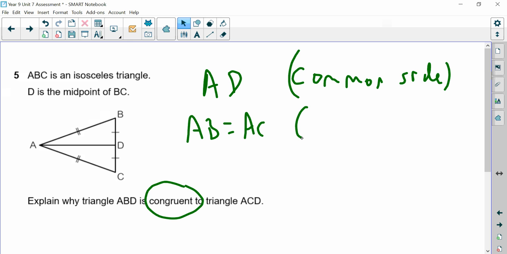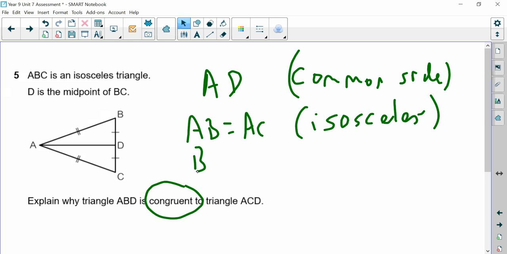I know they are the same because they are the two equal sides of an isosceles triangle. So in brackets, I'll write down isosceles. Now, the other side, BD and DC, how do I know they're the same? I know they're the same because D is the midpoint of that line.